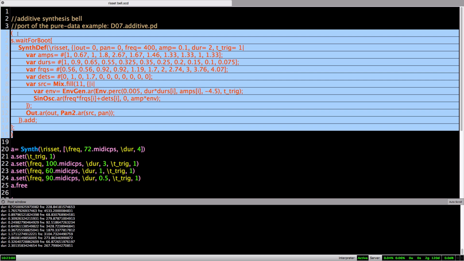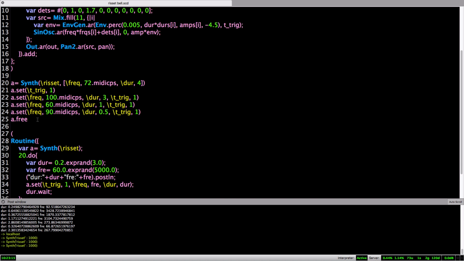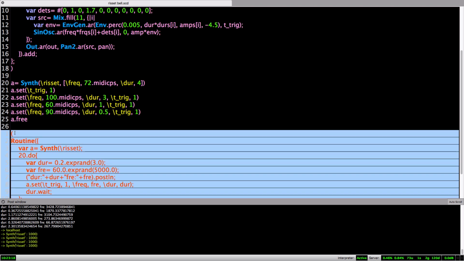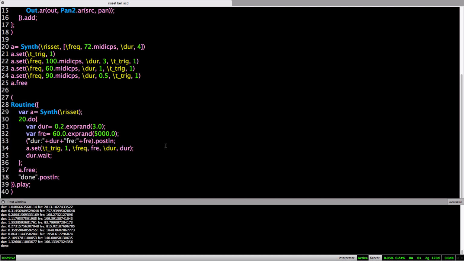We'll learn more about that, but let's listen to the Risset bell. Risset would go on to use these models to create some really interesting compositions and sounds using this technique called additive synthesis.